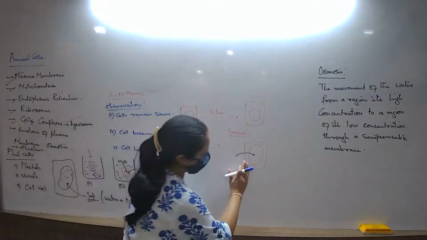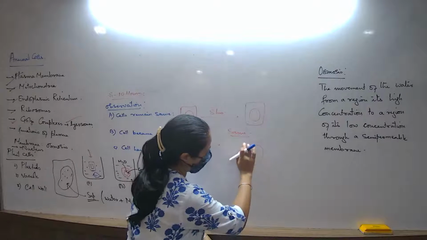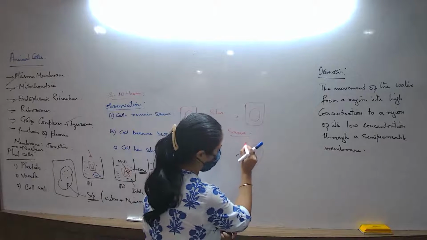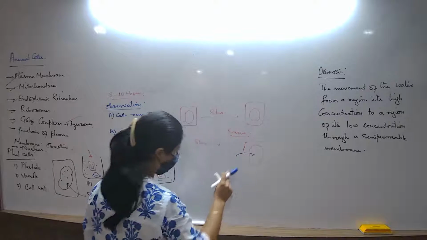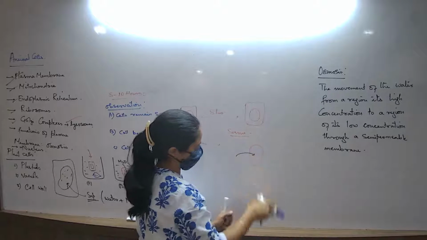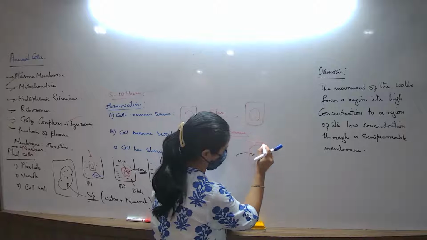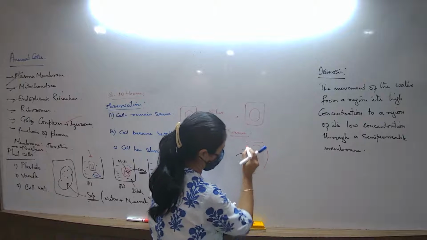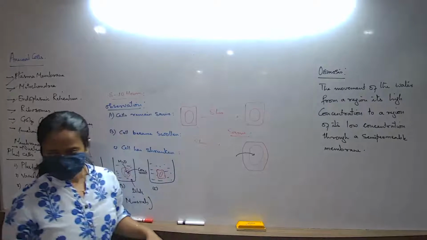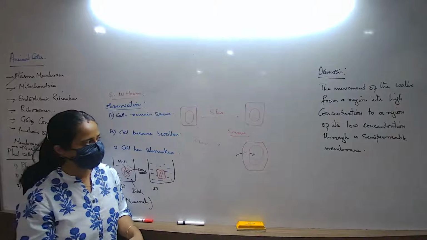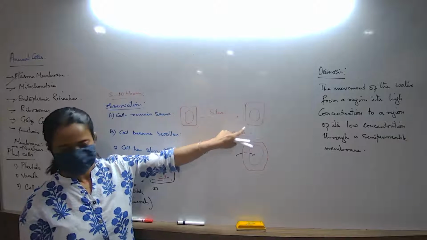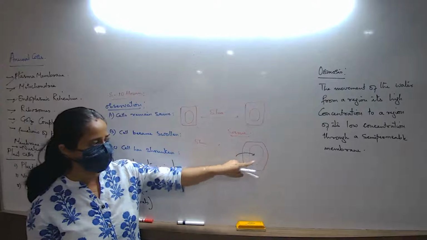So now, in the second condition, we see that the cell is swelling up. The first condition, cell remains as it is. In the second condition, the cell is swelling up.